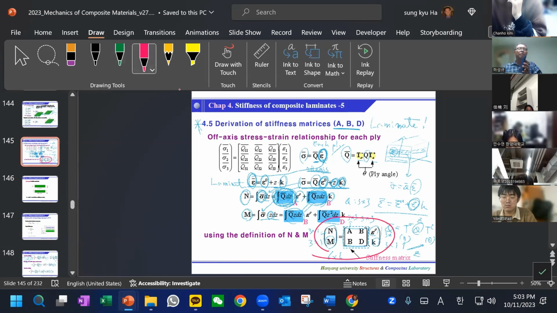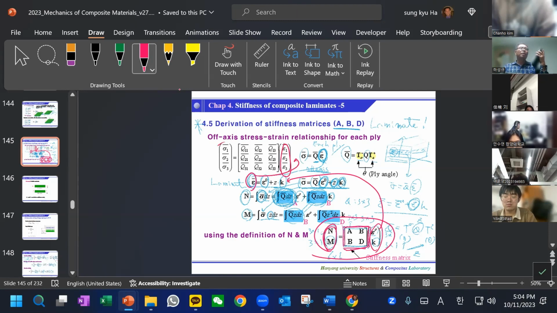And if this is the stiffness matrix, once we know this one, that means if we apply the force, we can calculate this strain. Once we know the strain, we come to this equation, epsilon and K, and now we can calculate all the stresses in each ply from the given load.